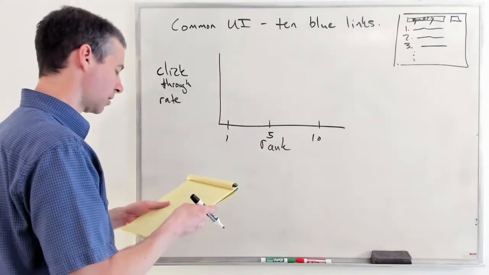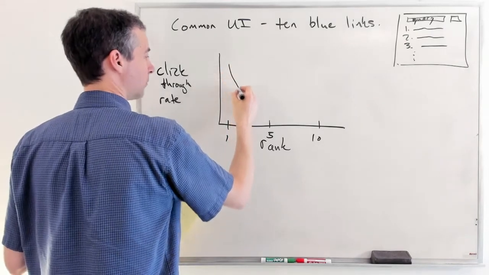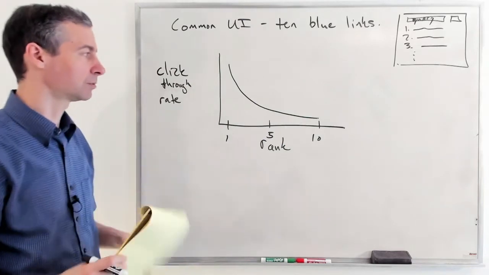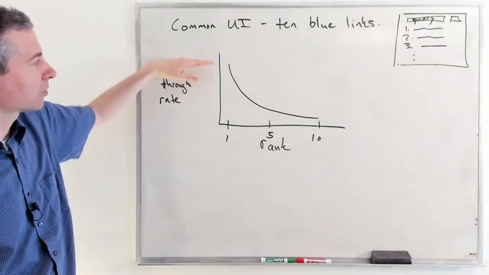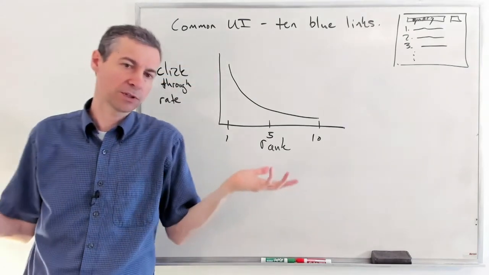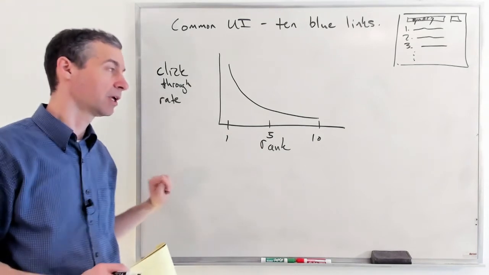One of the things they saw pretty quickly was that the behavior falls off really quickly. So maybe rank 1 gets clicked 30 to 40% of the time when queries come in.